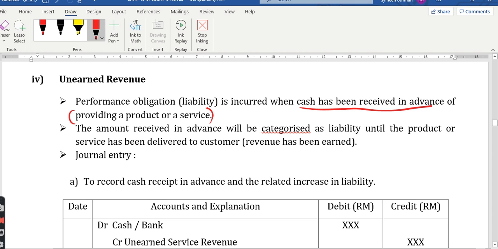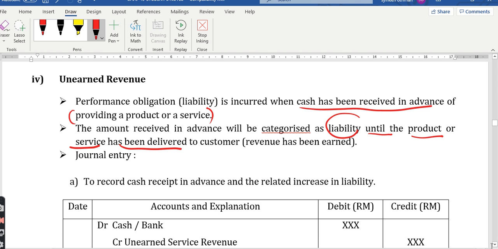So the money that you received is actually a liability because you haven't earned the amount. The amount received in advance will be categorized as a liability until the product or the service has been delivered.